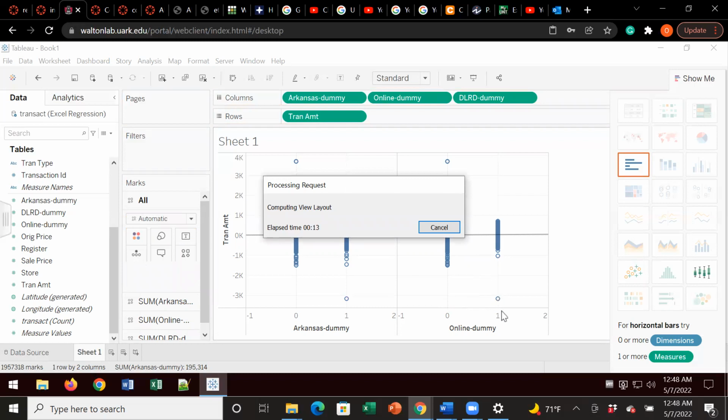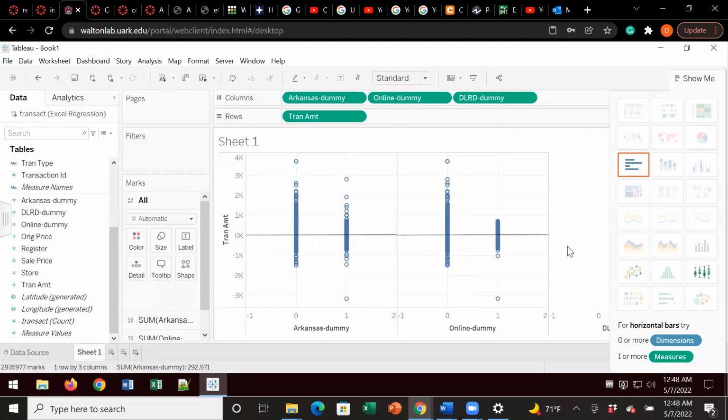Once the Dillard's dummy loads, it'll essentially be the same thing, where 0 is our transactions that didn't use the Dillard's card, and 1 are transaction amounts that did use those credit cards. And so the p-value for online dummy is also below 0.05, and the same for the Dillard's dummy regression line. And so they're all three statistically significant.